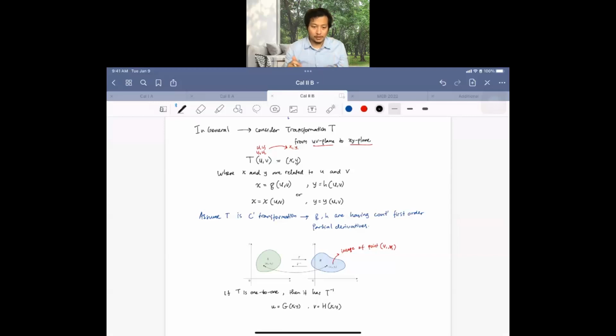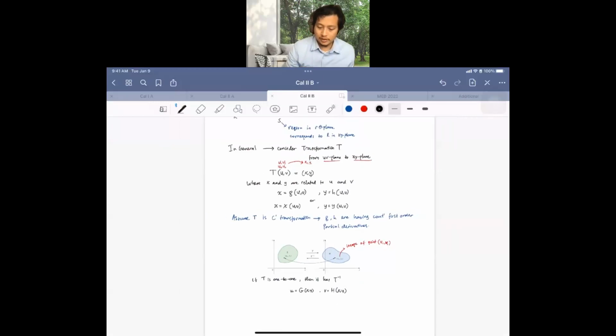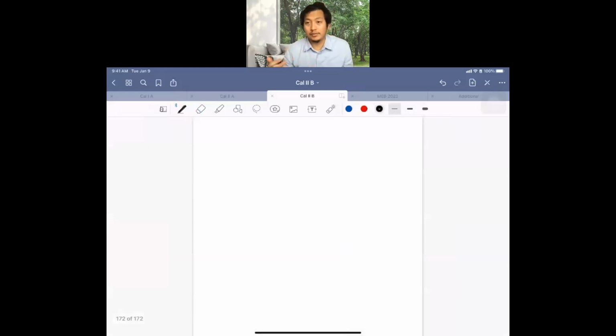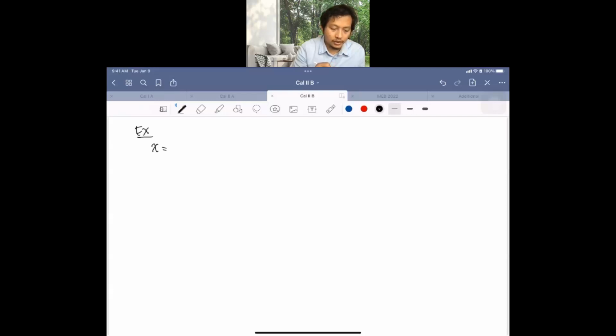Now from here, what we are going to do is some simulations. How to transform? Manually transform. So let's say we have an example. We have x defined by u squared minus v squared, and y is 2uv.